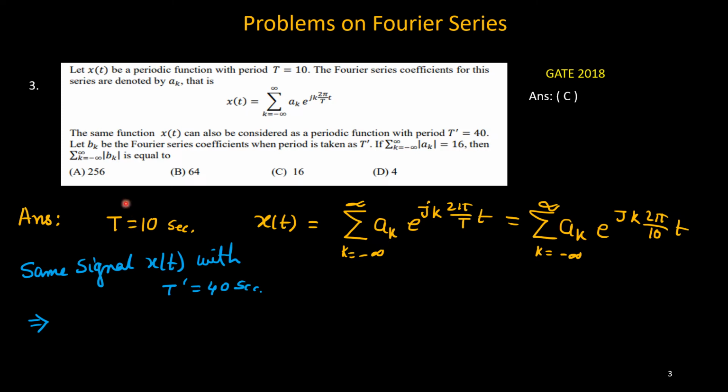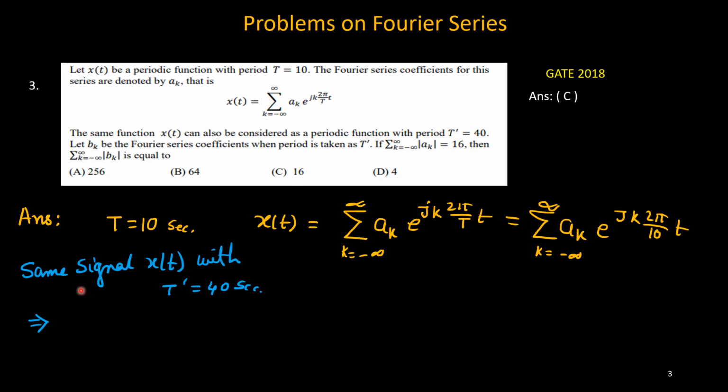Now here T is given as 10 seconds. The Fourier series expansion of x(t) is given in this form: a_k e to the power j k 2 pi over capital T times small t. So here we replace capital T by 10.